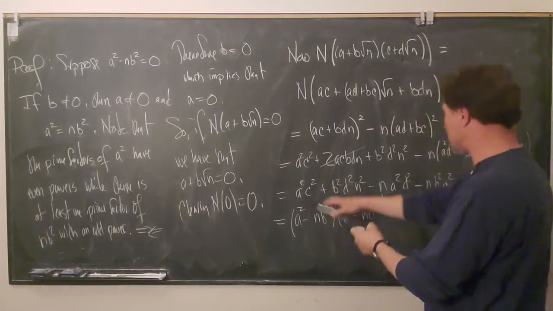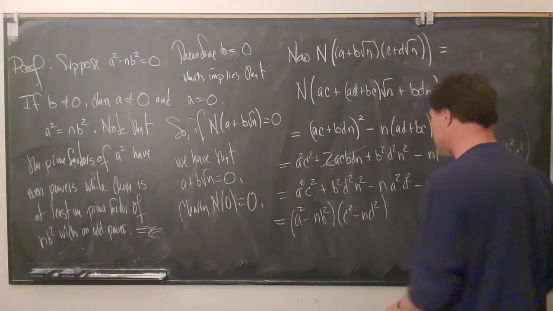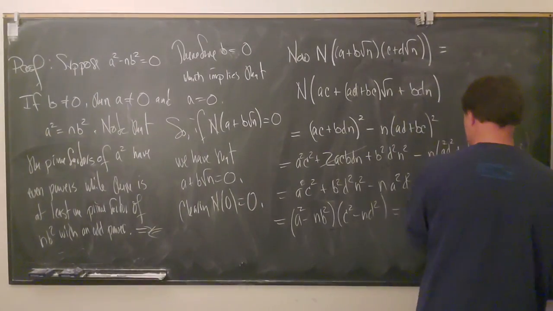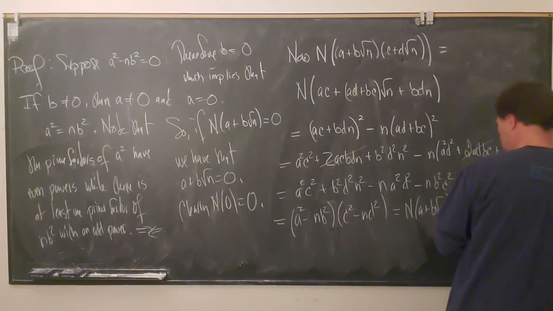So you can unravel this and verify that this is equal to this, and then this is the norm of A plus B root N times the norm of C plus D root N.